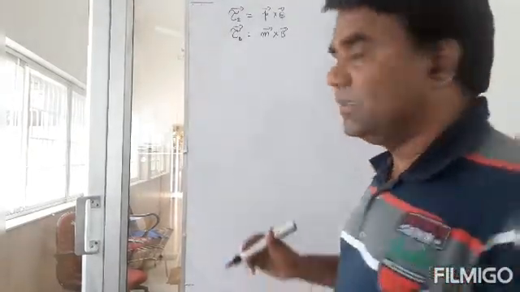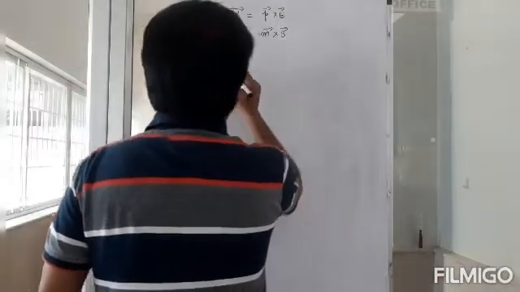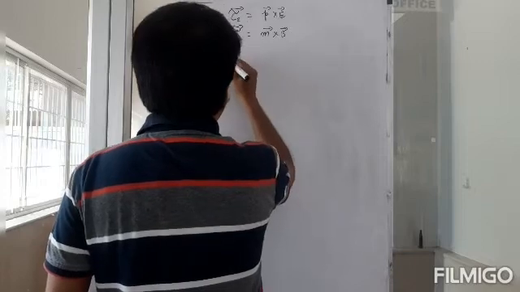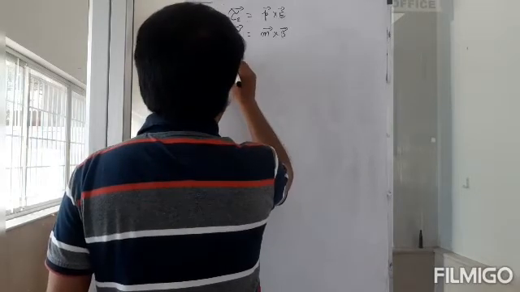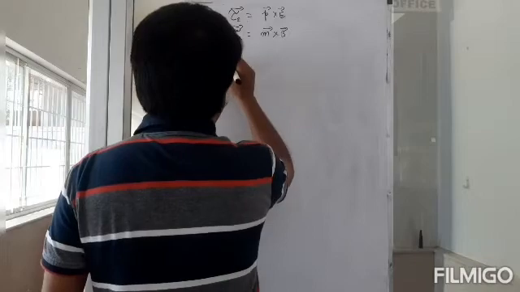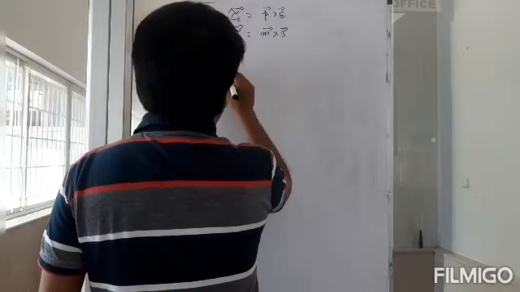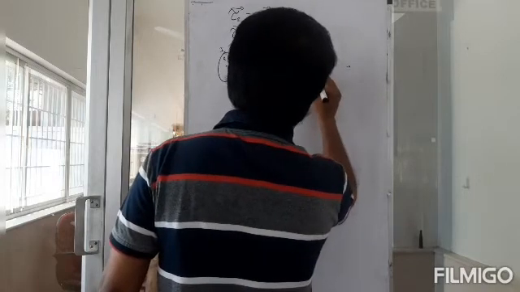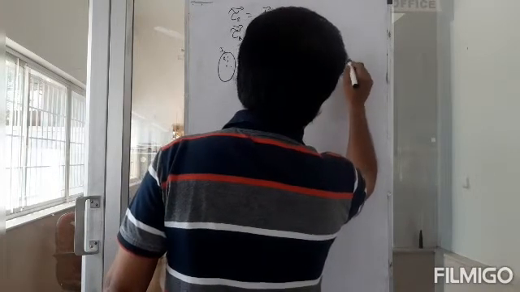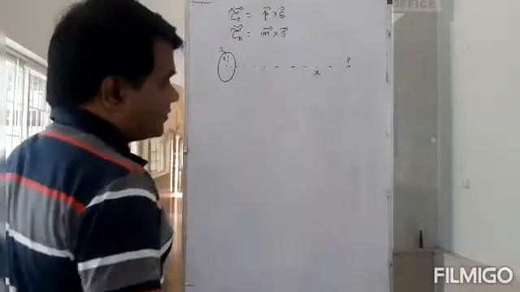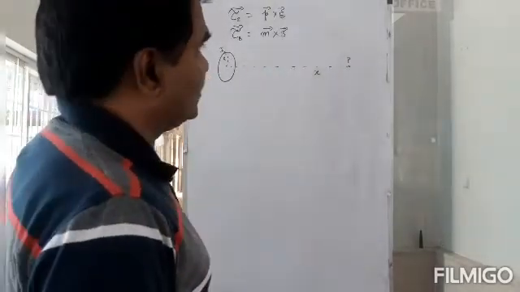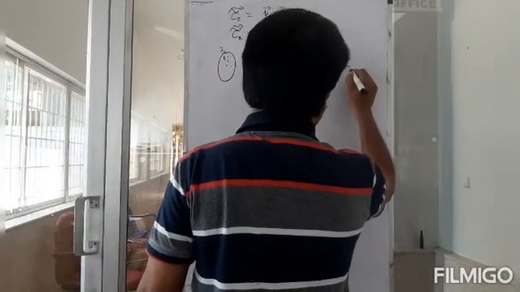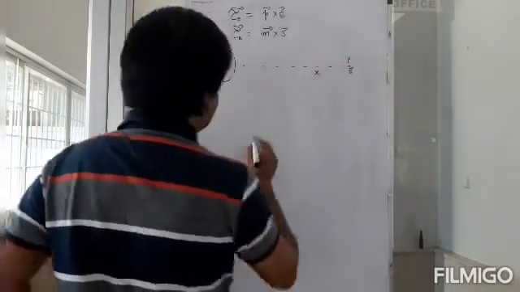We took a circular loop of radius r, current I, and at a point P along the axis at a distance x, we need to find the magnetic field B, and that was given by this expression.